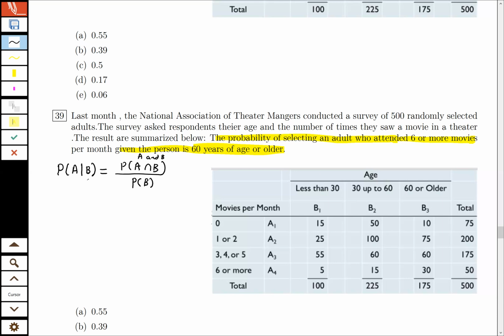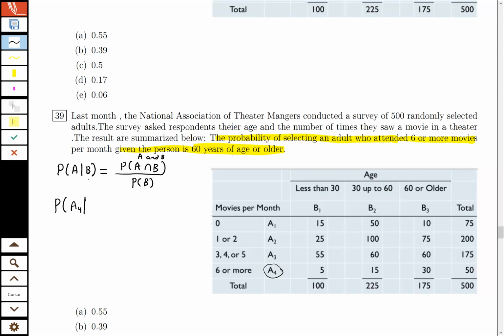Now, let's see what he wants here. He said the probability of selecting an adult who watches 6 or more movies. Which one has 6 or more movies per month? It's A4. So he wants the probability of A4 given the person is 60.